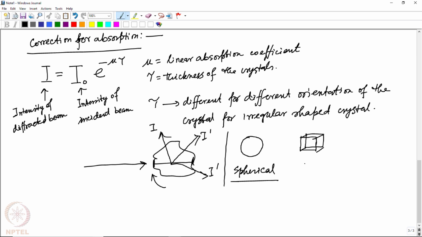So, what will happen is, when you use spherical or cubic shaped crystals, the I by I0 for all the reflections will have the same or similar relationship. So, one does not have to do any further absorption correction.